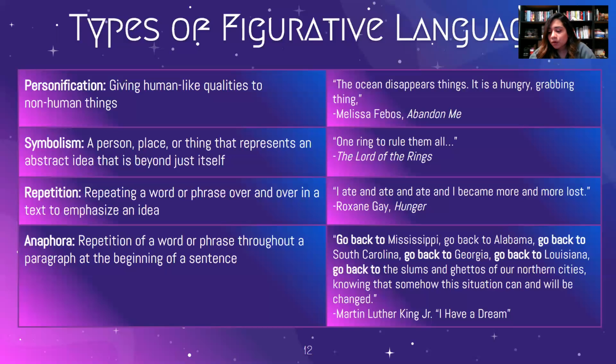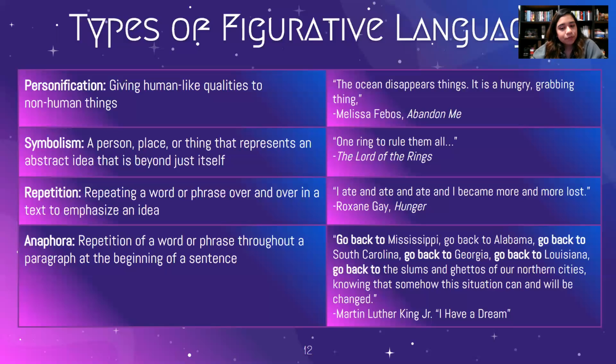So in our example, it says, "I ate and ate and ate, and I became more and more lost." So she's repeating there the word ate. And this is also from a memoir by Roxane Gay. It's called Hunger. And she's repeating the word ate to emphasize her hunger for food and how much she ate, how it ended up making her more and more lost in life.